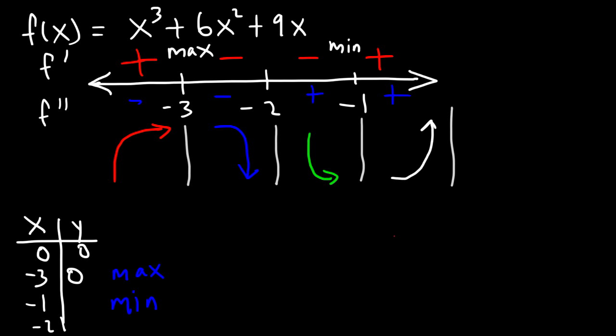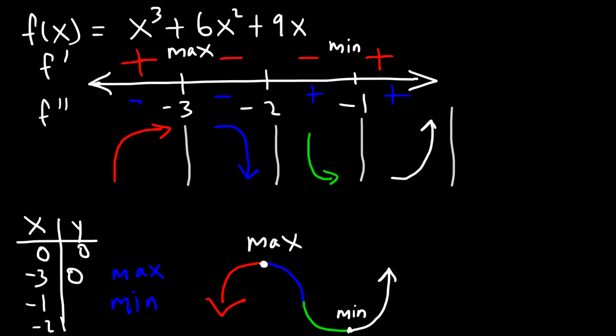So let's combine these 4 fragments into one graph. So it's going up, and then the blue part, it's going down, and then the green part, it goes down and then it turns, and then the white part, it goes up. Now this is in line with the maximum that we do see at -3 and the minimum that we see at -1.